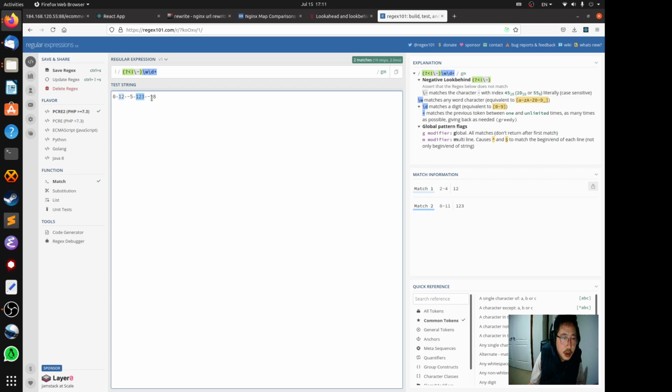Similarly here, 1, 2, 3. There is a word boundary here, just before 1, because the space is a non-word and 1 is a word. And the condition says if you look behind, can you see a negative sign? No. So it qualifies.